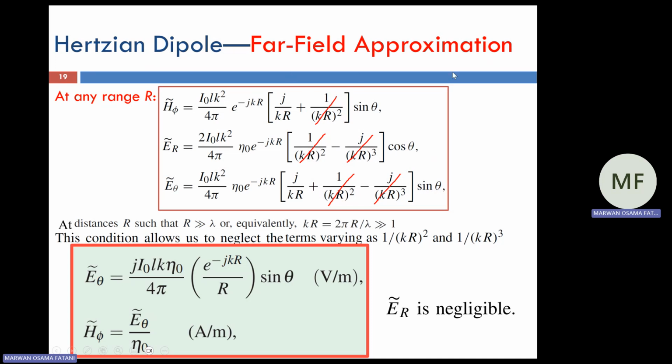And using far field approximation, we can then finally find our electric field and magnetic field with these two simple formulas. And you notice that E_r just vanished because it is negligible. Once we got rid of both of these, the value becomes extremely small.